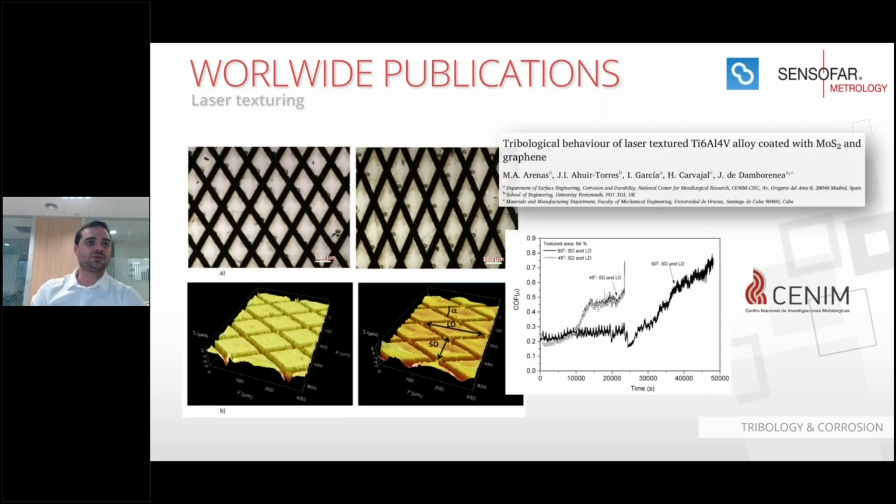And finally, we wanted to show you an example from the National Center for Metallurgical Research, CENIM-CSIC in Madrid, where they have analyzed again how they can reduce or maintain the coefficient of friction by applying some laser texturing over the sample. You can see here some rhomboid forms and how the angle of these rhomboid forms was affecting this parameter.